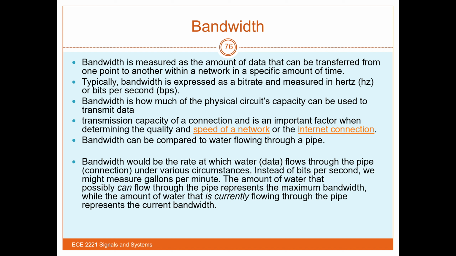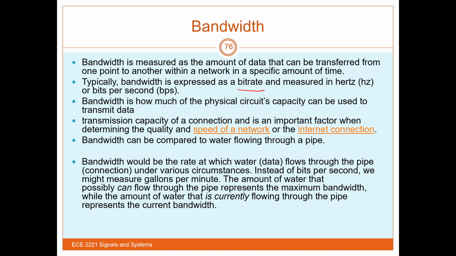Bandwidth is measured as the amount of data that can be transferred from one point to another point. Usually, to identify the quality of a network or internet connection, we tell what the bandwidth is.